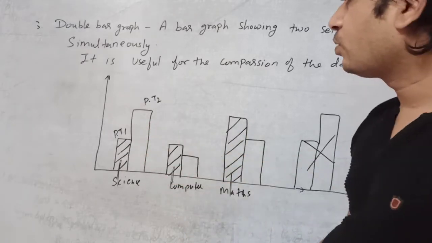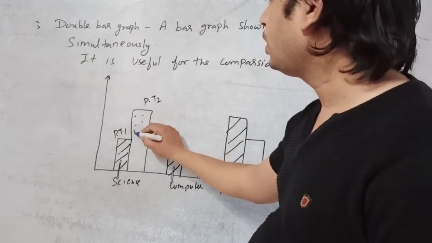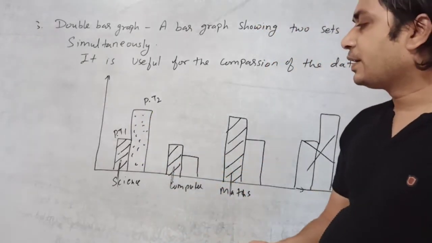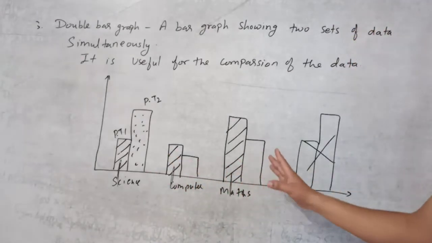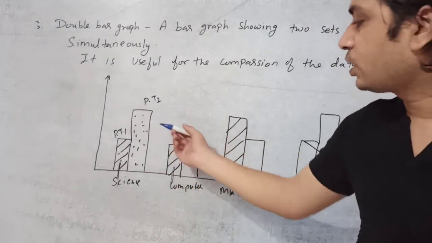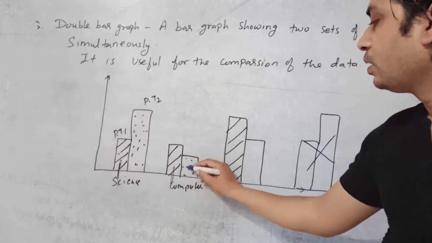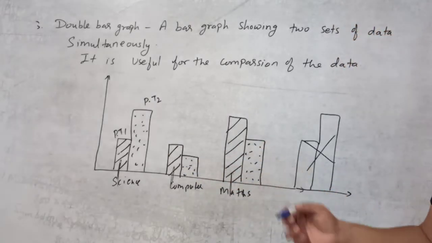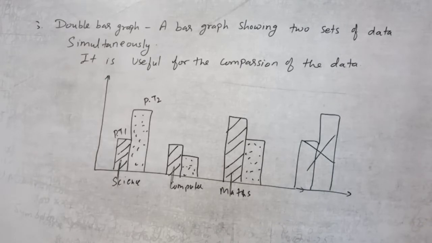If we put dots here, we have to do the same in the other also. We cannot put a dot here and not put a dot there, that is also wrong. If we put the dot here, we have to put the dots in all three. So this is known as the double bar graph.